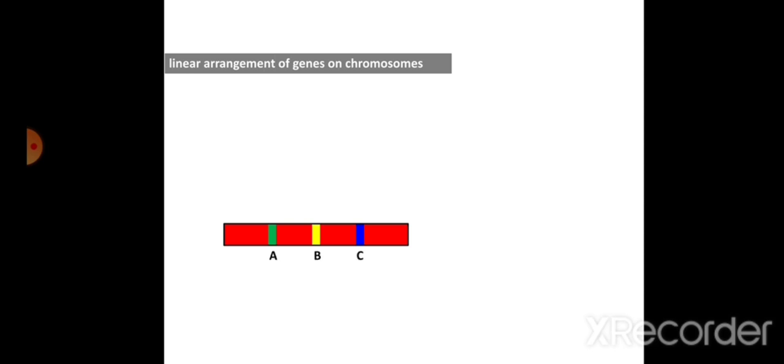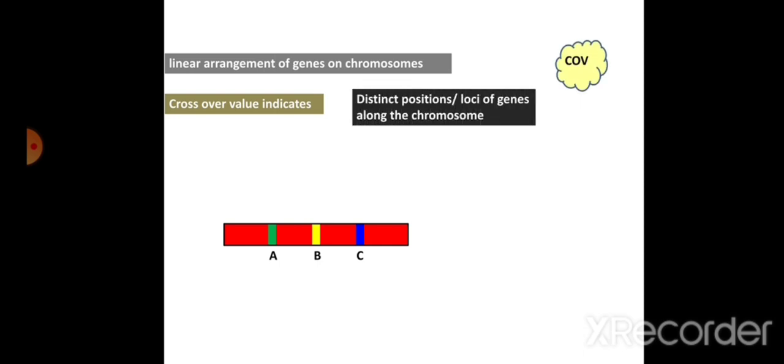There are three genes, gene A, gene B and gene C. They are arranged linearly. Now to find out the distance between them, we have to find out the crossover value. The crossover value, which is abbreviated as COV, is called a distinct position or loci of the genes on the chromosome.